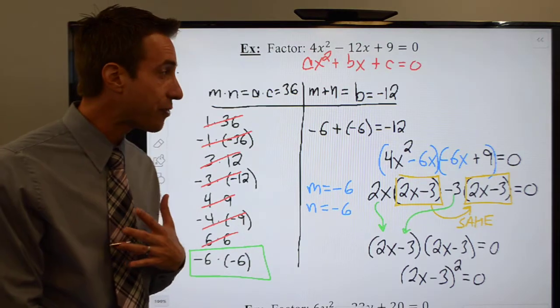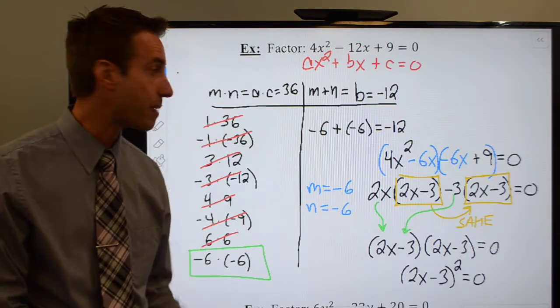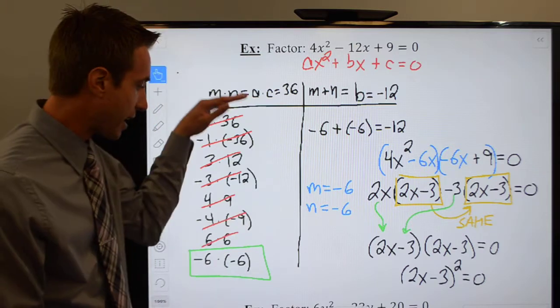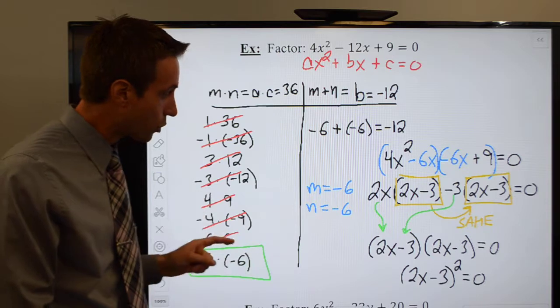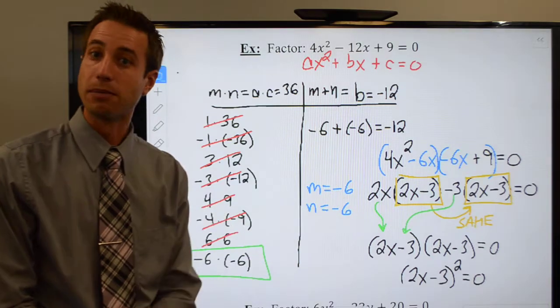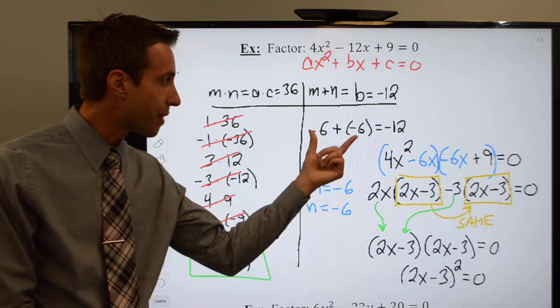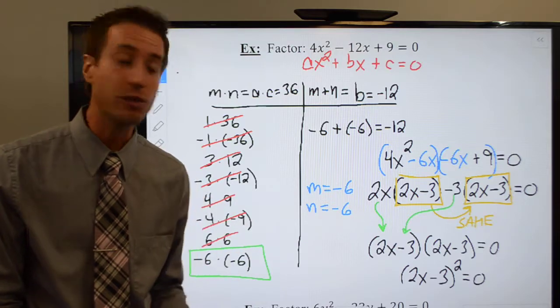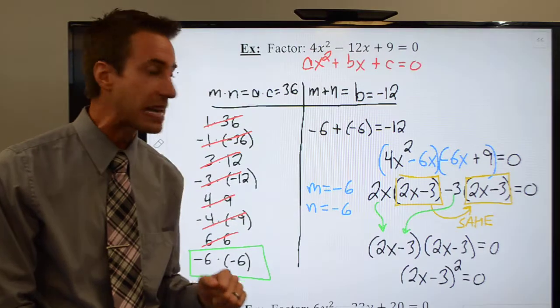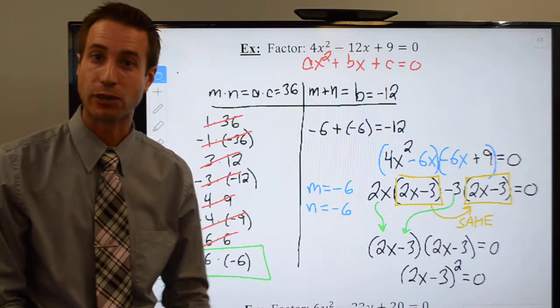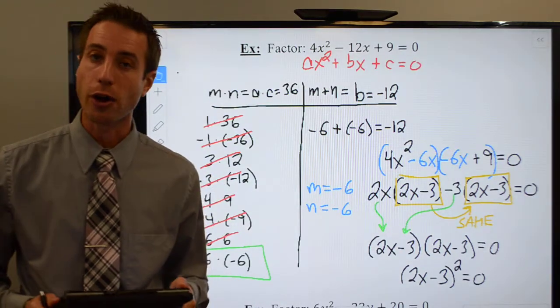As far as the methods go, I think that this one's the best. You set up the table, you find all the factors that get you a times c, and then you just figure out which one of those also sums to b. Once you've got that, the numbers that do that for you, your m and your n, you'll substitute them for the bx and group and factor from there. But that's a lot of work.